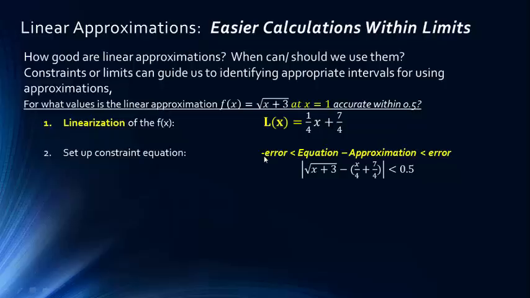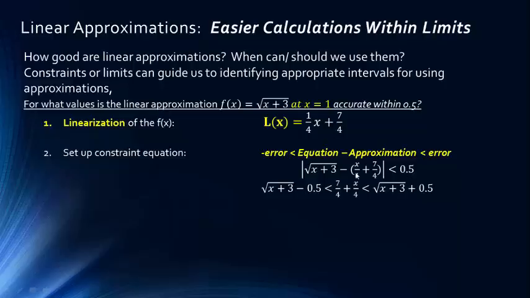So I set up the equation, negative error is less than that difference is less than error, and I get something like this. So this is my linear equation. Notice now I've got the error on both sides, and I added my approximation, and that's the original equation. I guess we multiply by negative 1.